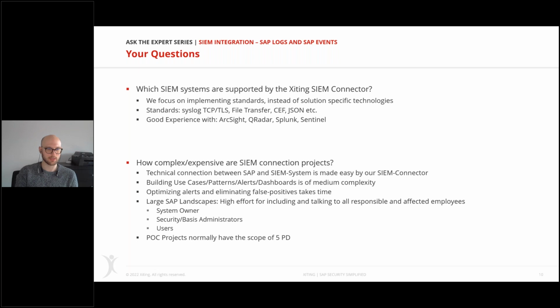So we had customers that implemented or connected a file-based log, mostly the security audit log, and then after this decided to buy such a piece of software like our SIEM connector that does the job for them, so that in the future they just need to activate more logs if they need more logs.